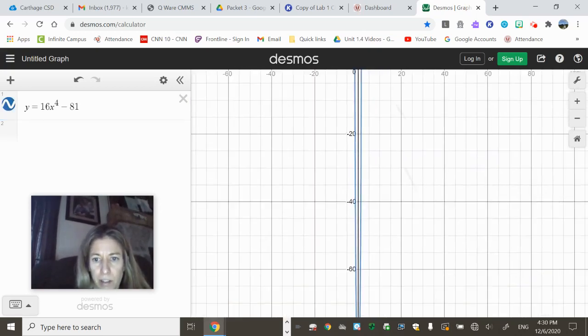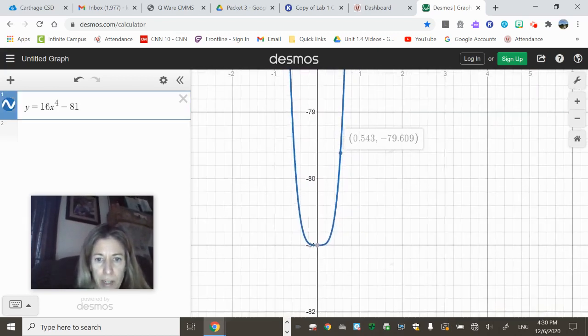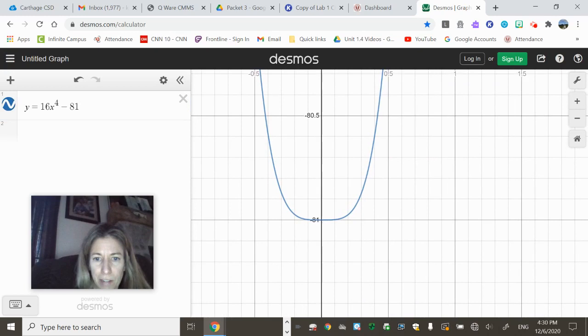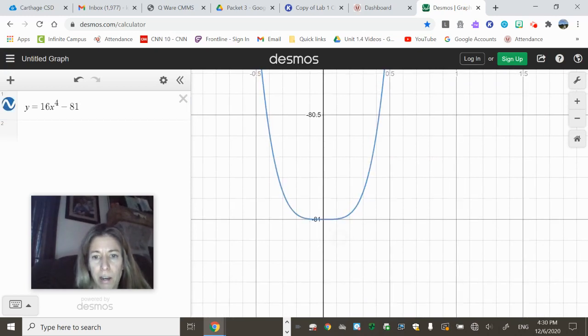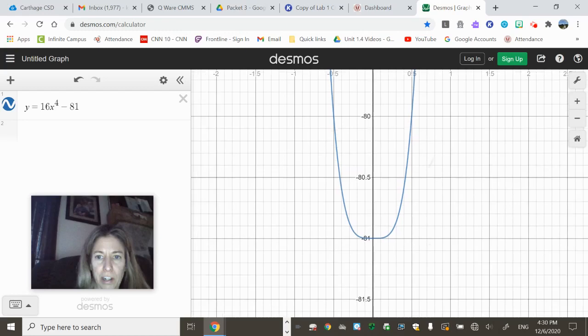And then if I zoom down, it kind of rounds out. There's my y-intercept at negative 81. And notice how the bottom is kind of a flatter version. So sometimes with fourth powers, they'll only have one turn, but it's going to be like a flatter turn.